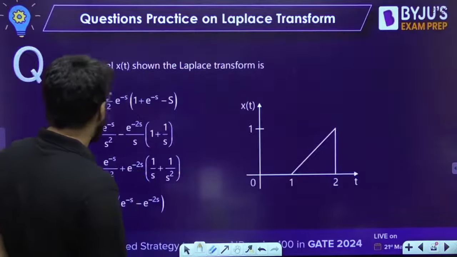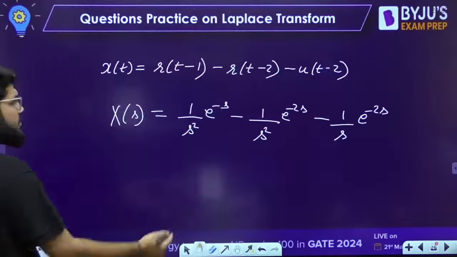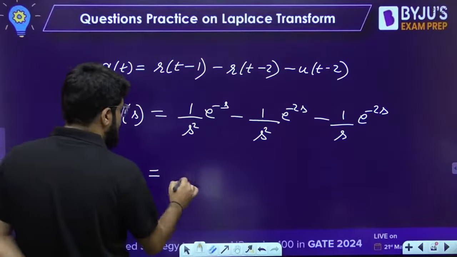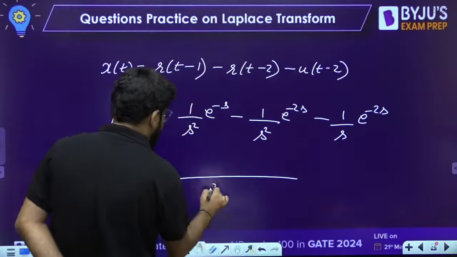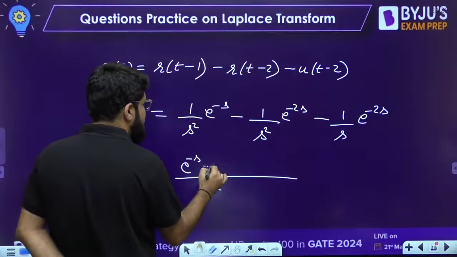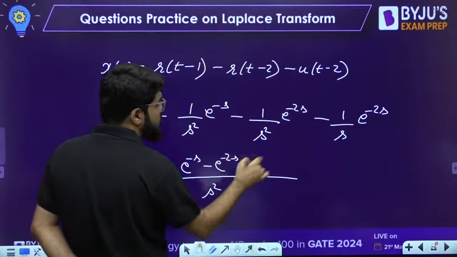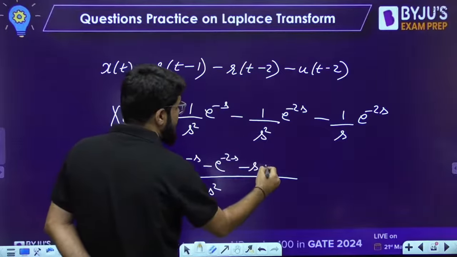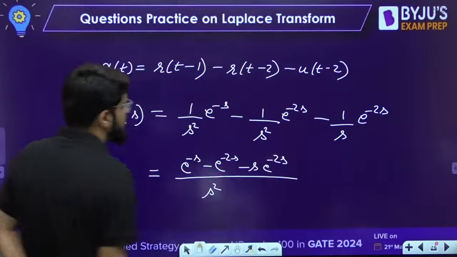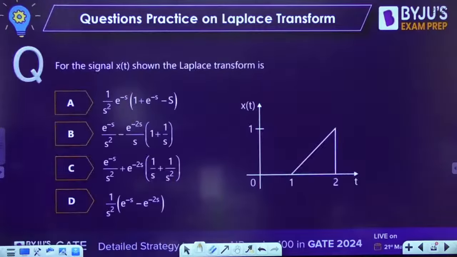Okay, now options are there. We'll just have to see how the options are simplified. First we can take the common denominator, that will be s square, e power minus s minus e power -2s, and that has to be multiplied with s, so s e power -2s. Now let's see which option matches.